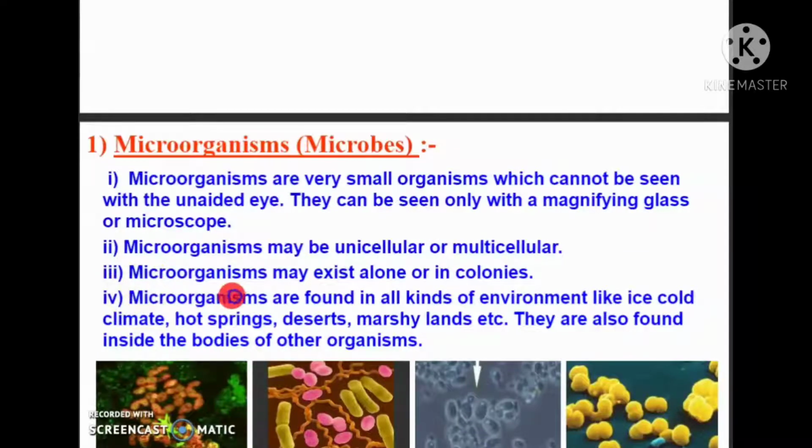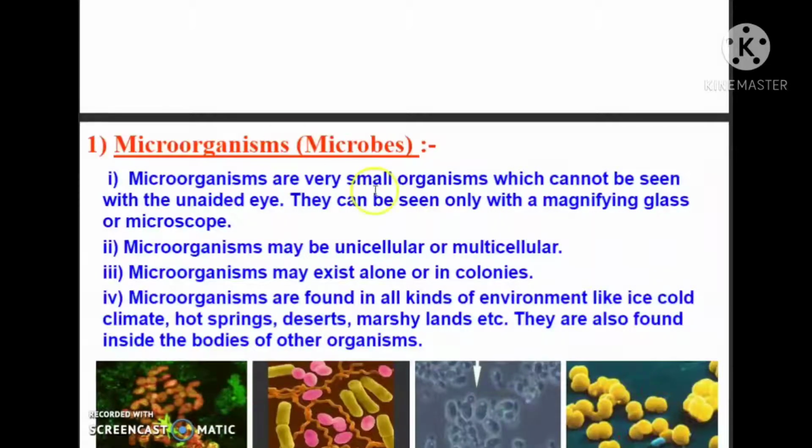Microorganisms may exist alone or in colonies, which means the microorganisms can be found alone or in colonies. Colonies means groups. Like in this picture you can see, mostly the microorganisms are in colonies because they are in groups.